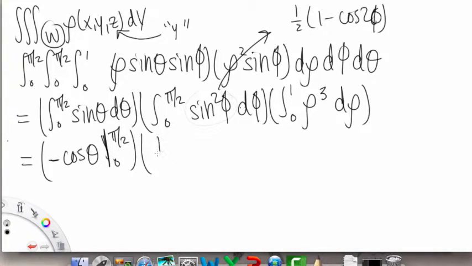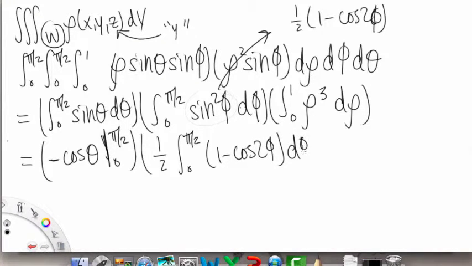So anyways, I'm just going to plug that in here. I'll bring the 1/2 out in front and have our 0 to pi over 2, then 1 minus cosine 2 phi sitting there, d phi. And then at the end here we have a 1 over 4 rho to the fourth, as rho goes from 0 to 1. Okay, we're almost there.